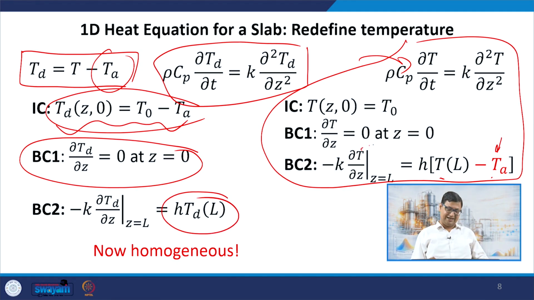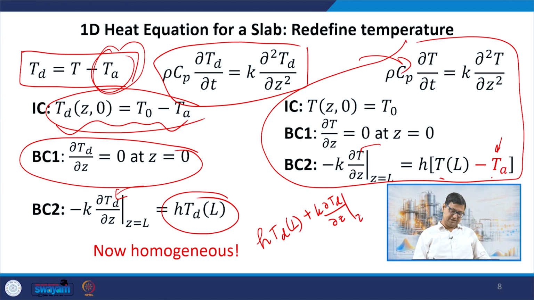And on the left hand side, since Ta is constant, I still have Td. And now we have a homogeneous boundary condition, a linear combination of Td and its derivative is equal to 0. So, now we can apply the variable separable method.